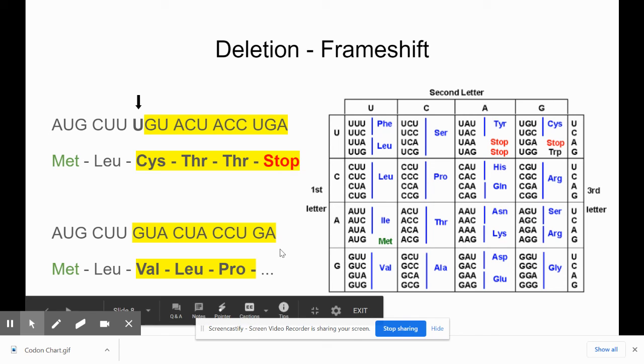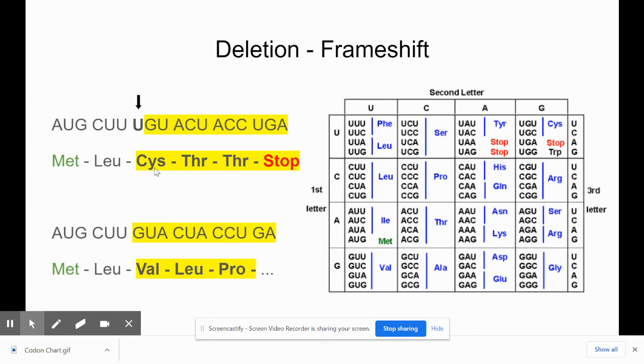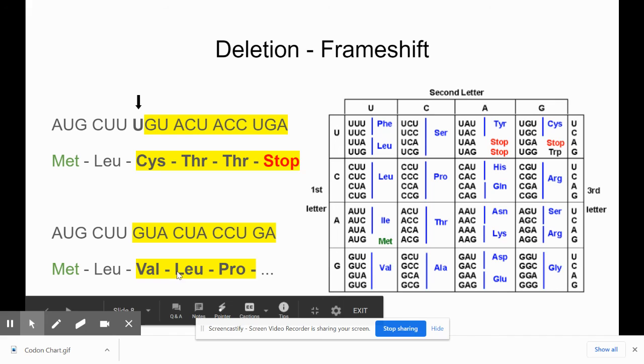We can't see those, but the point being that instead of having a cysteine, threonine, stop, you have a valine, leucine, proline, and it may continue on for thousands of amino acids before it happens to run into a now stop codon.